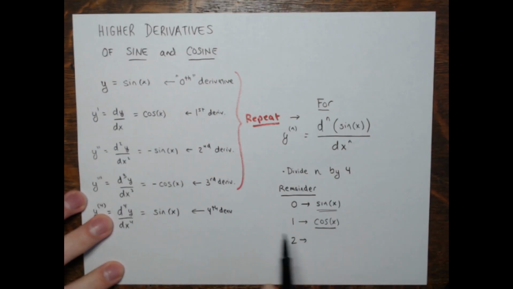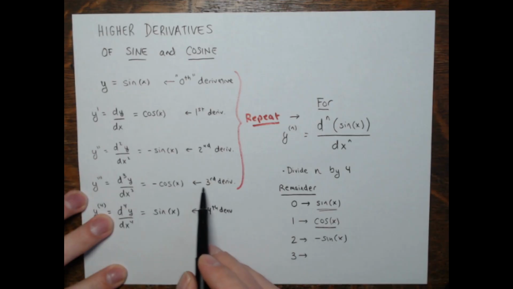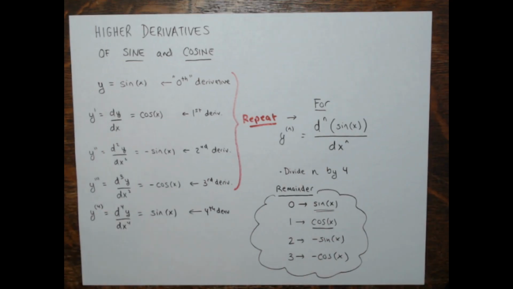If the remainder is 2, it's like the second derivative here, your result will be negative sine. And if your remainder is 3, you'll be like the third derivative here, where the result is negative cosine. All right, so this is key. So that's for sine.